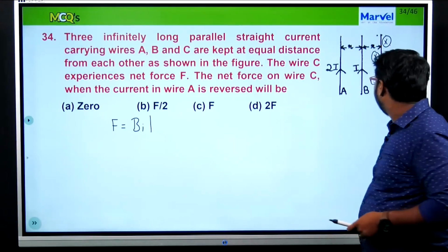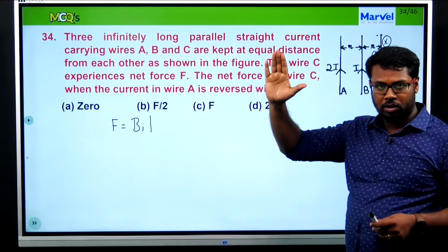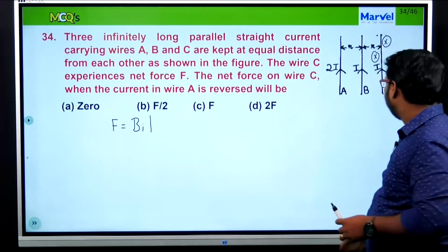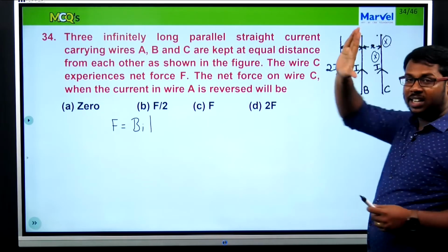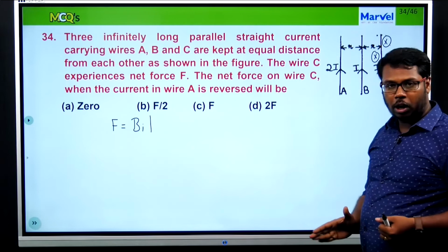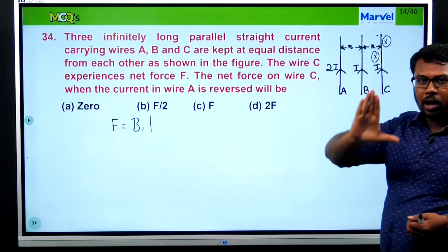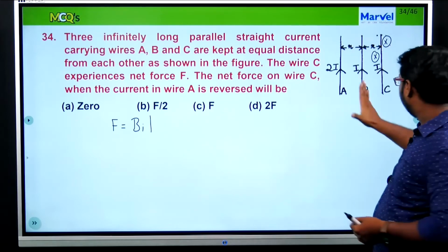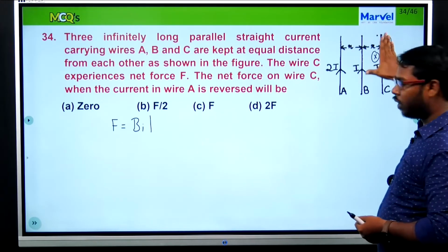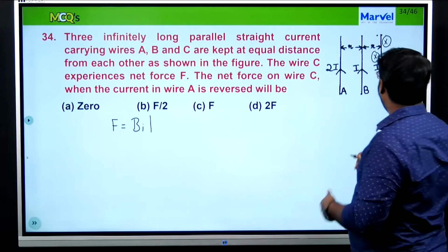So now to find the force, we have to raise the right hand and place the hand in such a way that our palm is pointing in, because the field is pointing in, and all four fingers should be in the direction of the current.